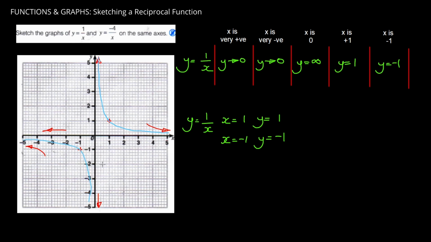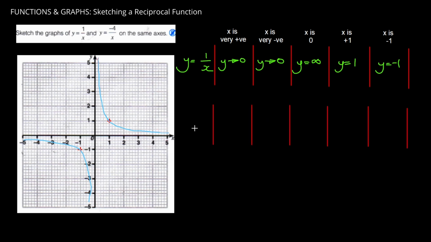Something like that. Now, even though this is not totally necessary, because you should recognize this as a perfectly standard transformation of this 1 over x graph, I'm going to go through the same process I've done here a little bit more quickly, just to give you an idea that this can also help when you've got a graph like this to plot. Okay, we'll just try some values. Well, you can see that y is tending to 0, but from a negative direction.